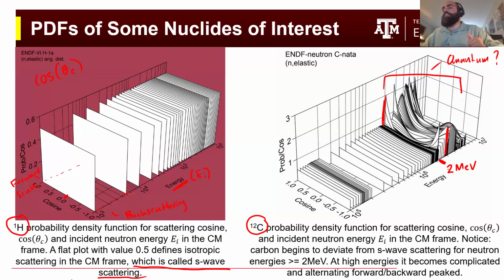Luckily for us, 2 MeV is beyond most neutron energies that we deal with in fission systems. If we talk about a graphite moderated reactor, that's mostly carbon-12, and carbon is basically an S-wave scatterer up until about 2 MeV.